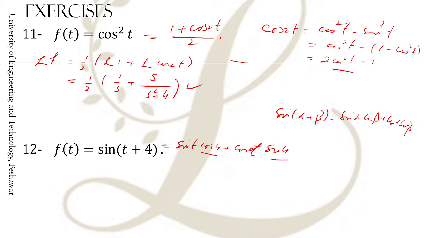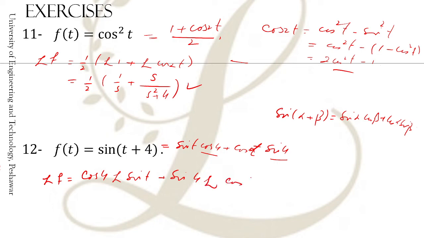So applying Laplace on both sides now. Laplace of f will be, see, these are constants, applying the linearity property of the Laplace transform, cos 4 Laplace of sine t plus sine 4 Laplace of cos t.